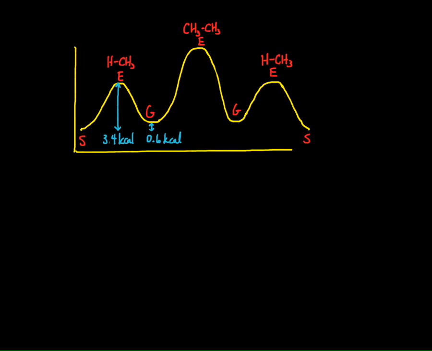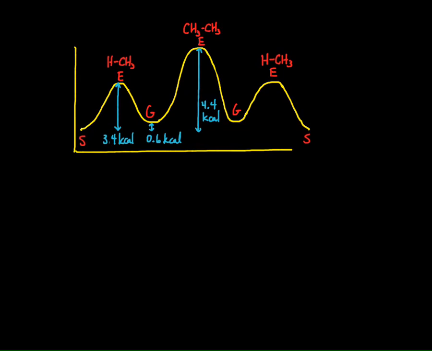Now, the energy of the methyl-methyl eclipsed conformation is 1 kilocalorie per mole higher than the anti-staggered. That has to do with the two methyl groups sterically clashing with one another, right? The energy is 4.4 kilocalories, or 1 kilocalorie per mole higher in energy than a hydrogen-methyl eclipsed.